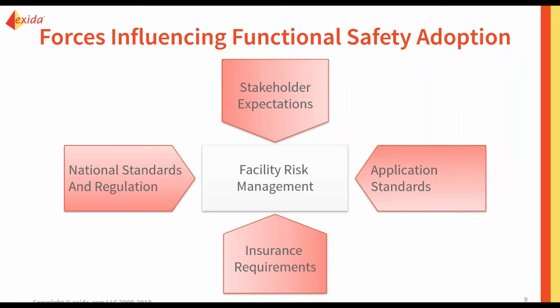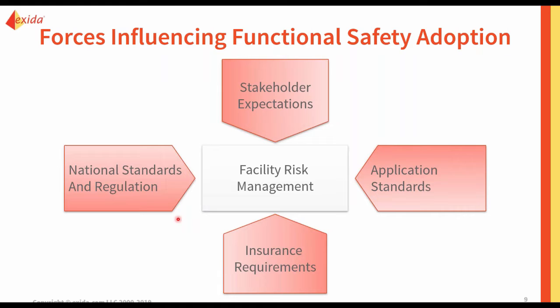To get started, if we think about the different forces at play that lead to the adoption of functional safety, the first one is national standards and regulation. In the United States, we have OSHA PSM and requirements for providing a safe work environment. This does not specifically require the IEC 61511 standard or any standard for that matter, but it requires that companies demonstrate they're following industry best practice.